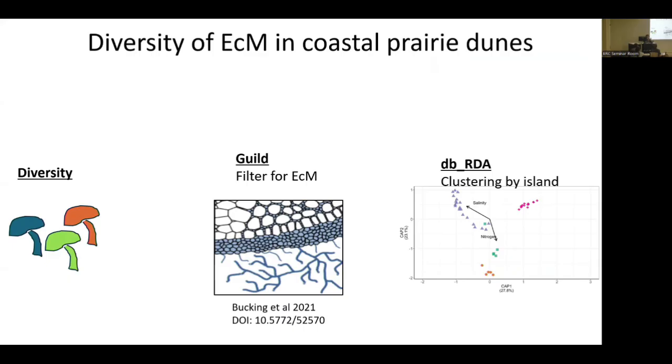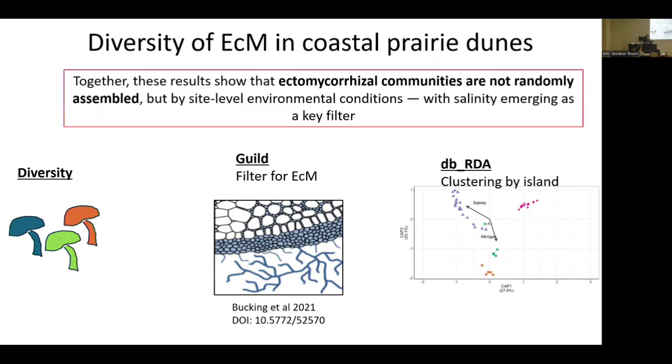So all of that to say, these results are showing that they're not just randomly assembling, but there are possible site-level environmental conditions, possibly salinity emerging as a key filter. And ectomycorrhizae, I know, have been really extensively studied in forest communities, but in coastal communities, perhaps not so much.